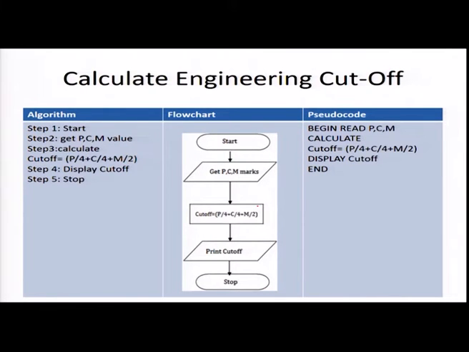Now let us see the next program to calculate the engineering cutoff. My dear viewers, to get engineering admissions, everyone knows that you need to have a cutoff, and let us determine how to calculate the engineering cutoff. To calculate the engineering cutoff, you need to join an engineering degree program.